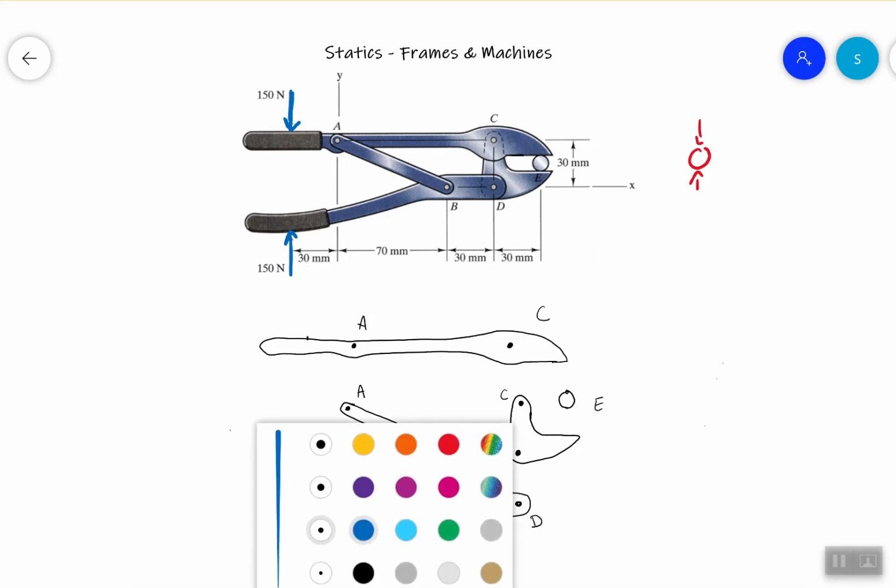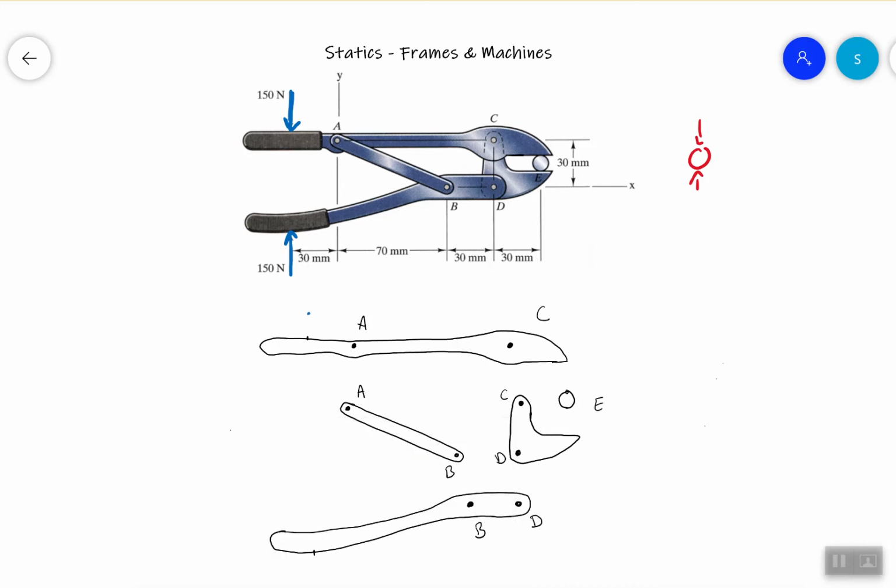What we know first, there are two forces that we know. We know this 150 Newton there, and this one on the bottom, on the lower handle. Both of them are 150 Newton. Okay, let's look at this one on the top.